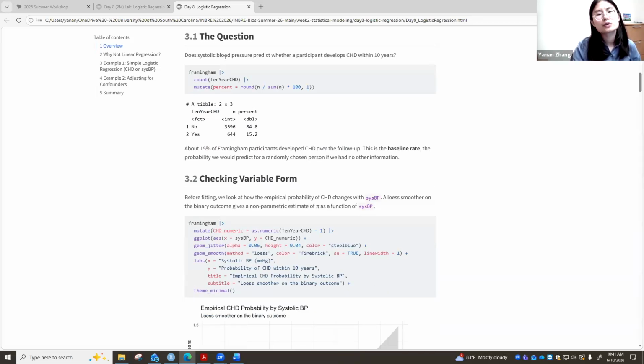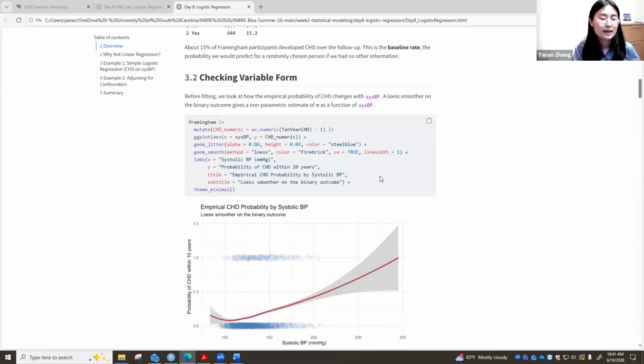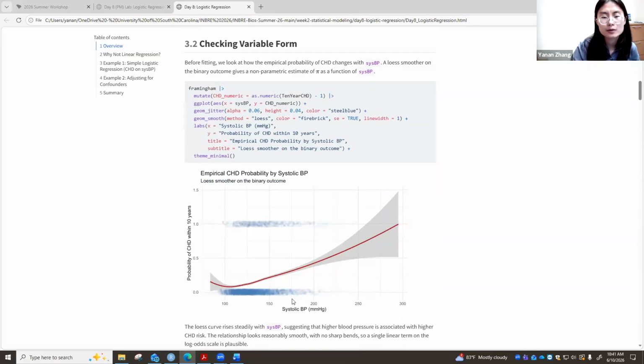because our goal is to study the relationship between the systolic blood pressure and the probability of developing coronary heart disease, how about we start with a plot, right? So here we can draw a plot. The horizontal axis is the systolic blood pressure, and the vertical axis represents the probability of coronary heart disease, right? So we want to plot all those dots. Each dot represents a person, right?